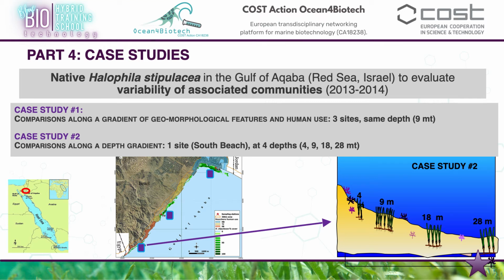And a second case study has been to study in South Beach what happens with depth. And so we use a single site and four depths, 9, 18 and 28 meters depth.